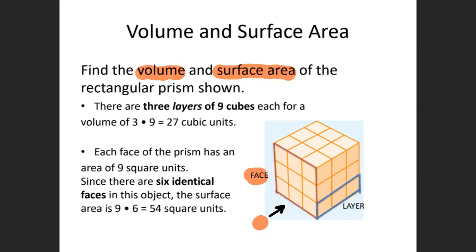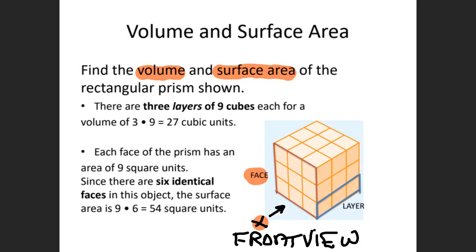This red area would be my front view. I'm standing right here in the orange, looking at this box created by sugar cubes. I'm looking at the face or the front view of this box.